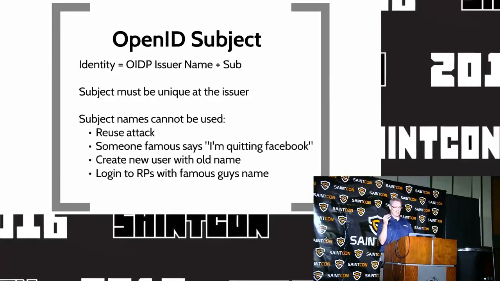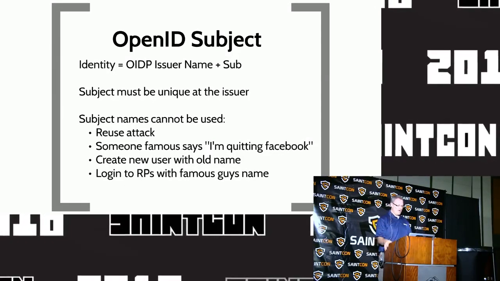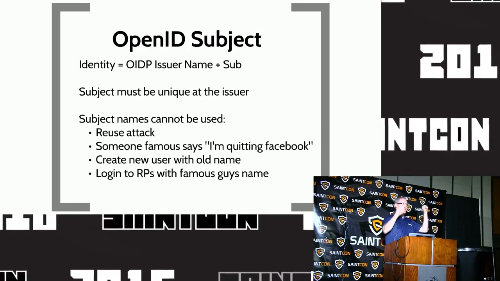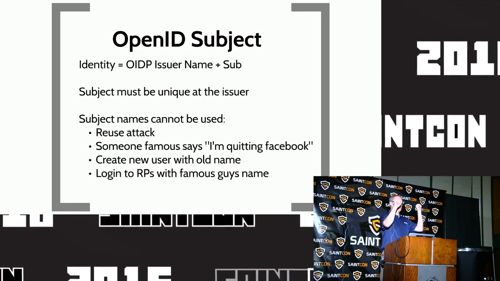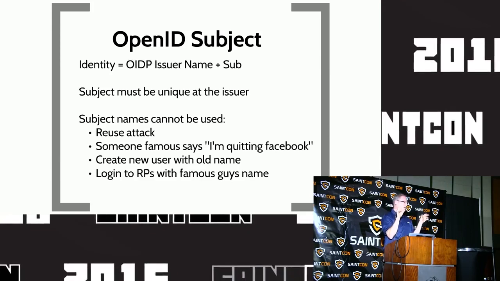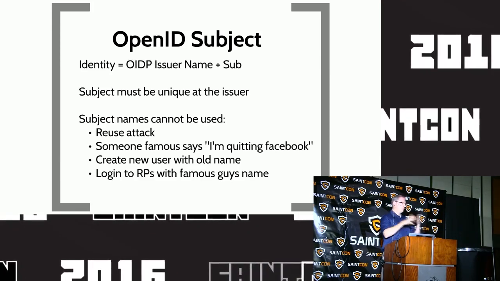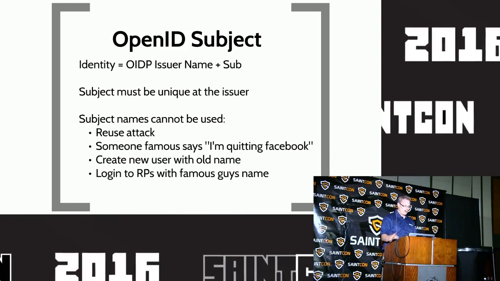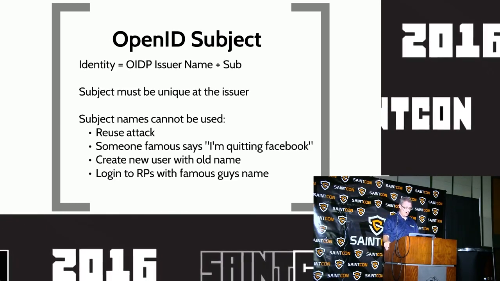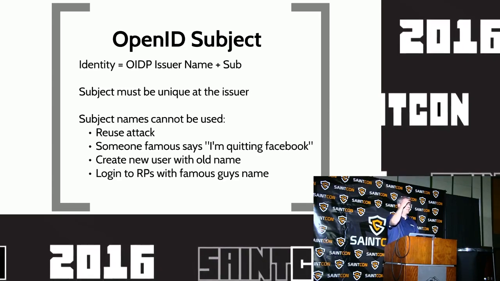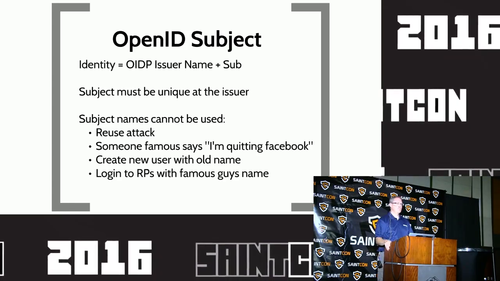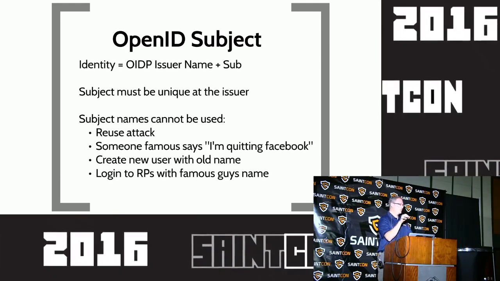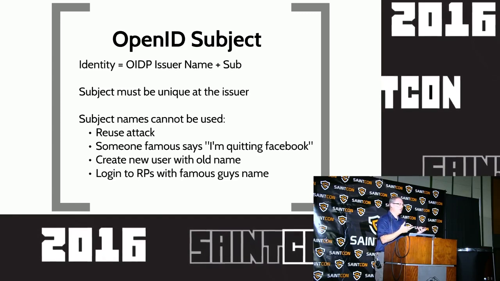So the OpenID subject is kind of key. Given the OpenID provider and the subject they give you, you now have a unique identifier for that user globally. And we actually found a problem with this in a vendor that was implementing OpenID Connect. The subject was a common name, which was a problem because the user can pick the common name.